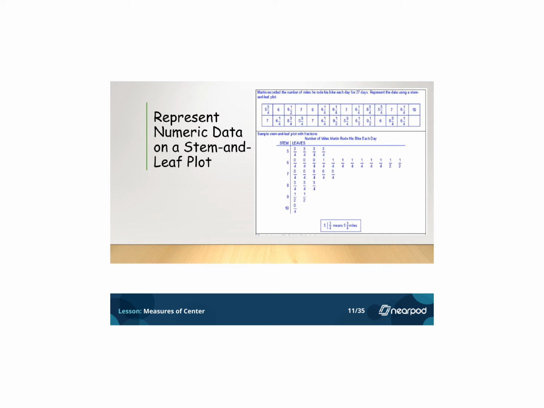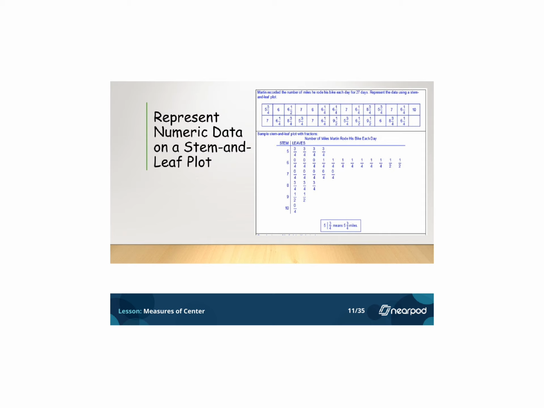All these leaves are your fractional part. That makes a mixed number. Remember, a mixed number has a whole number and a fractional part. So if you look at the table above and relate it to the stem and leaf plot, the stems are your whole numbers, the leaves are your fractional part.